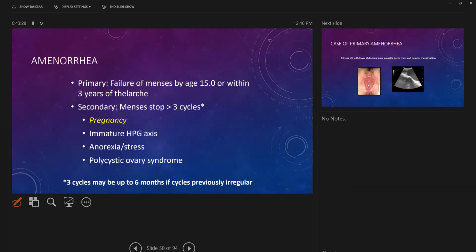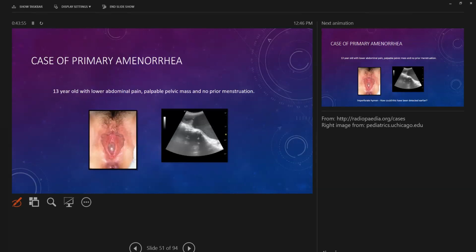It's got to be at least 3 cycles, and some causes could obviously be pregnancy, immature hypothalamic pituitary gonadal axis, anorexia or stress, or polycystic ovarian syndrome. The actual definition of amenorrhea must be 3 cycles, and up to 6 months if the cycles are irregular on a normal basis.